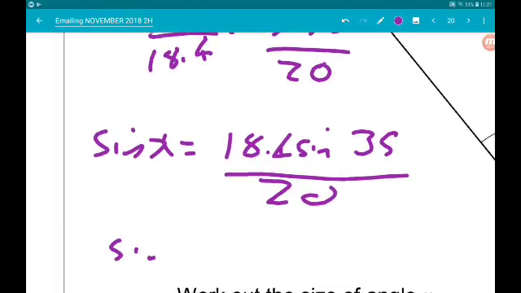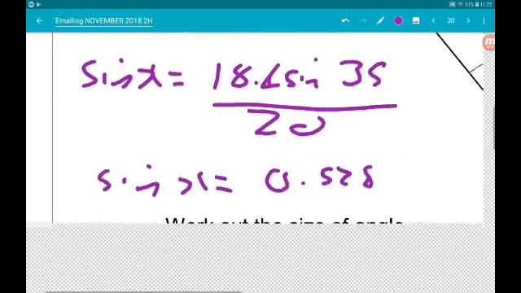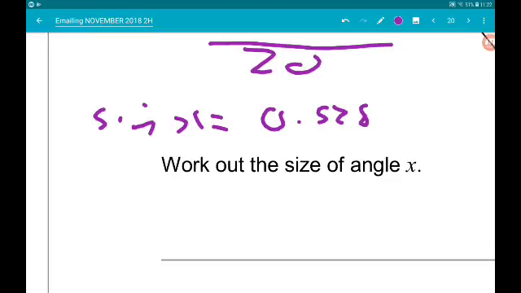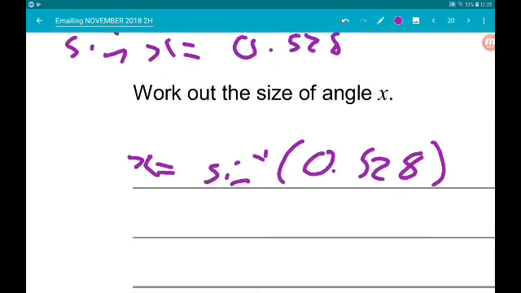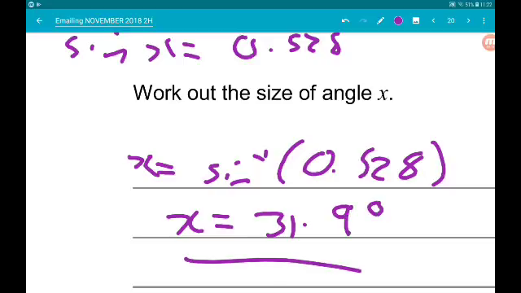Make sure for that, yeah, sine of x is 0.528. So to get x is the inverse sine 0.528, which gives us to 1 decimal 31.9 degrees. Boom.